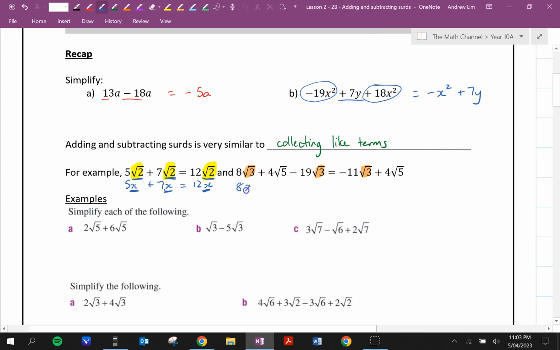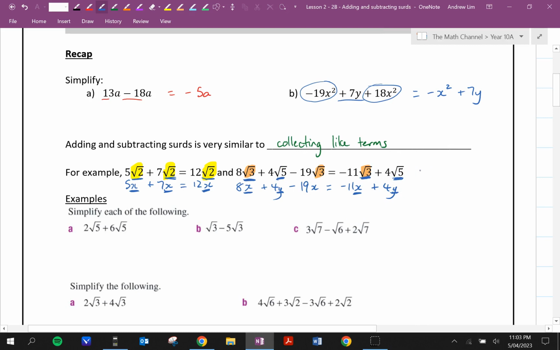Pretend it says 8x plus 4y because they're different, minus 19x because they're the same. Root 3 is the same. So here we can see that's equal to negative 11x plus 4y. It's just that instead of x, I'm using root 3, and instead of y, I'm using root 5.